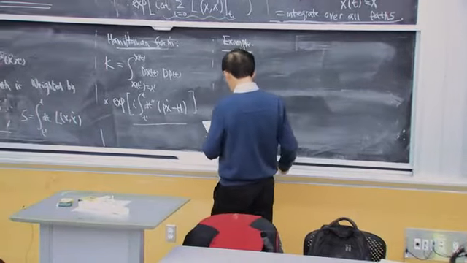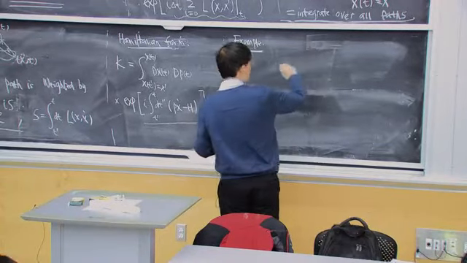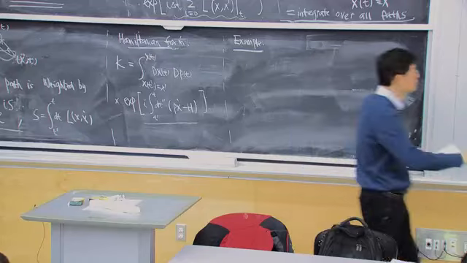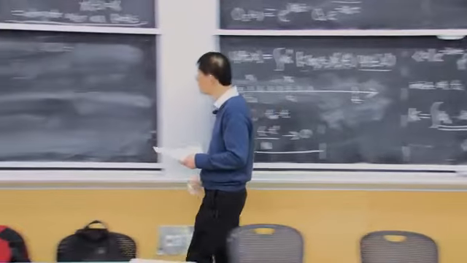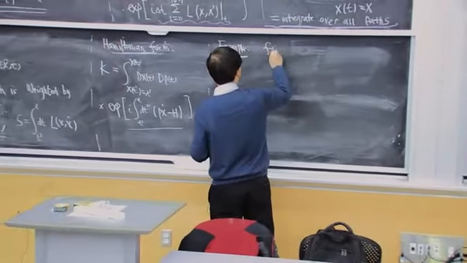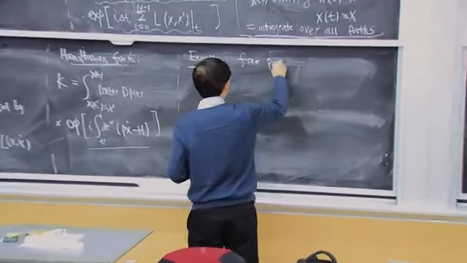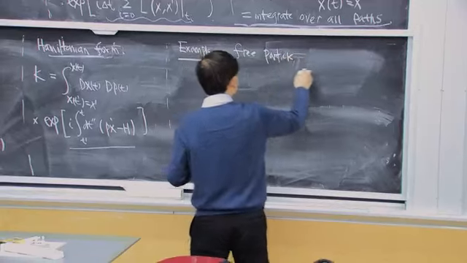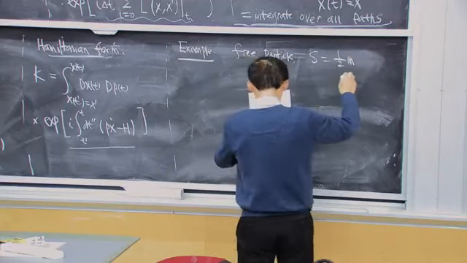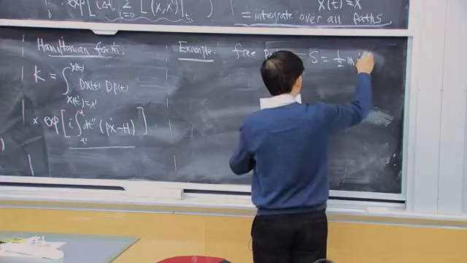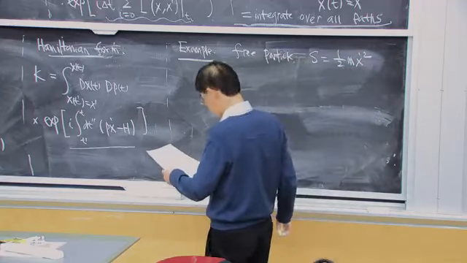So now let's consider a simple case. We just consider a free particle, so there's no V. So here S is just 1/2 m x-dot squared.